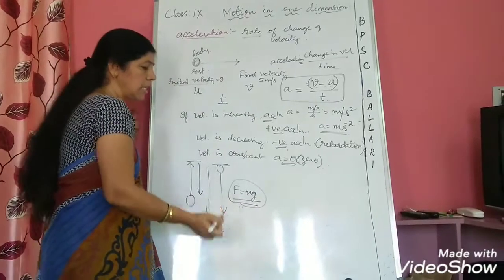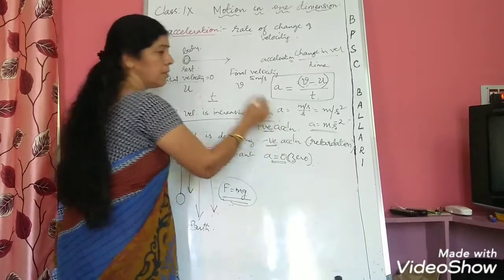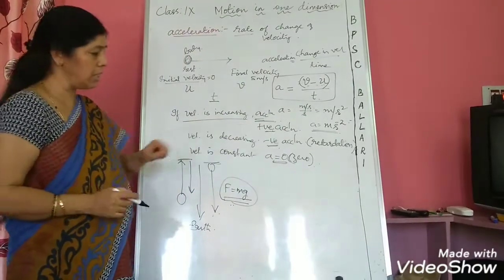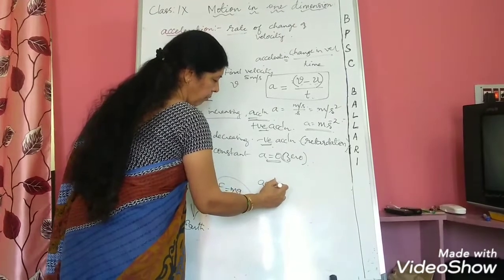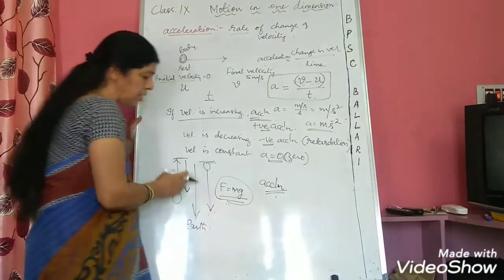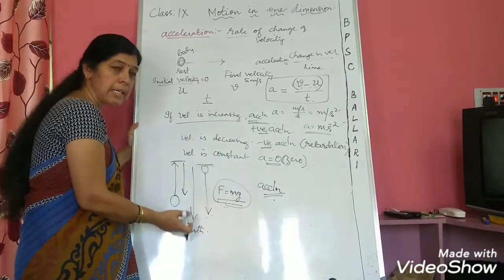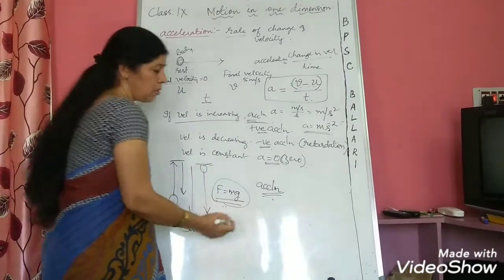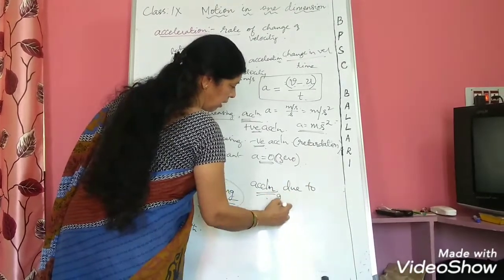Now, if the velocity increases, then what I have told it is nothing but acceleration or positive acceleration. So the body will have acceleration. And why will the body have acceleration? Because the earth is exerting gravitational force on the body. So this acceleration is called acceleration due to gravity.